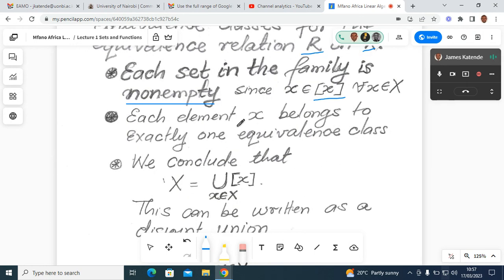And an element cannot belong to two different equivalence classes. From the discussion we had earlier, the equivalence classes of two elements are either equal or disjoint. So an element cannot belong to more than one equivalence class, right?